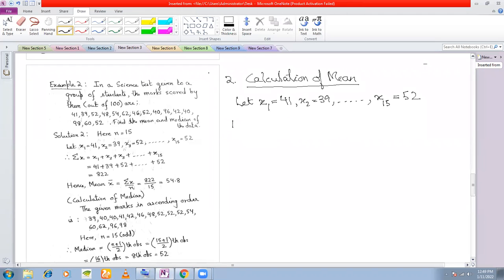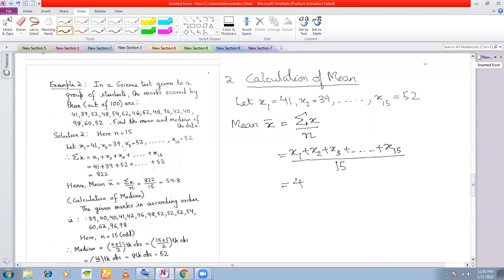So now you will apply the formula for mean. Mean x bar is equal to summation x divided by n, which is equal to x1 plus x2 plus x3 and so on up till x15, divided by the number of observations, which is 15, right?